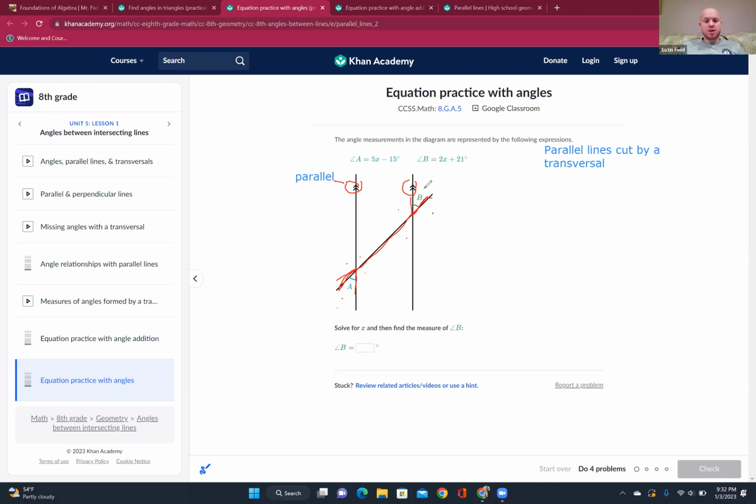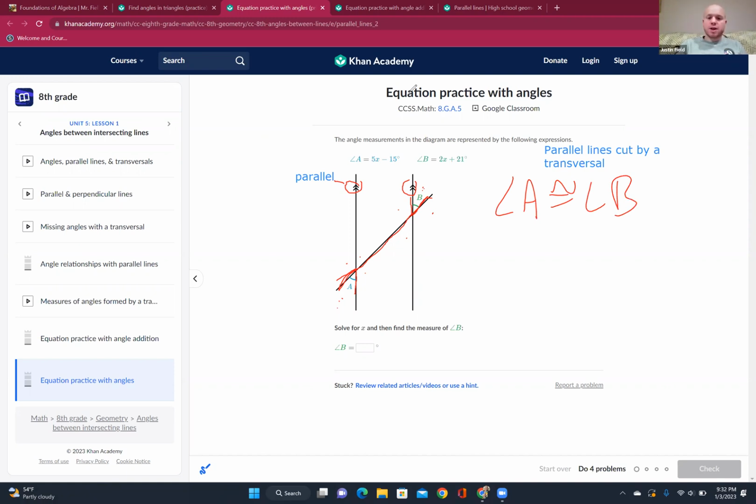So these angles have a special name. They are called alternate exterior angles, and they are congruent. Because they're congruent, we can write angle A is congruent to angle B. They are alternate exterior angles.